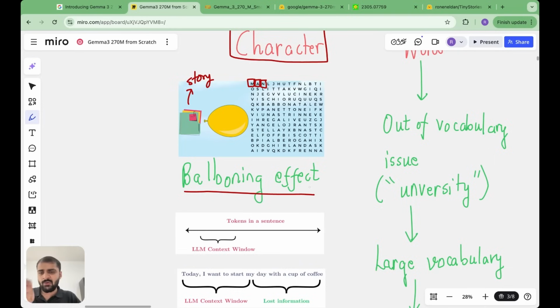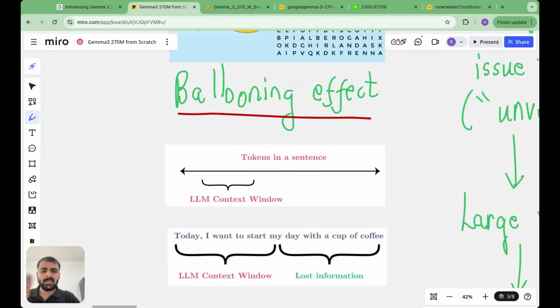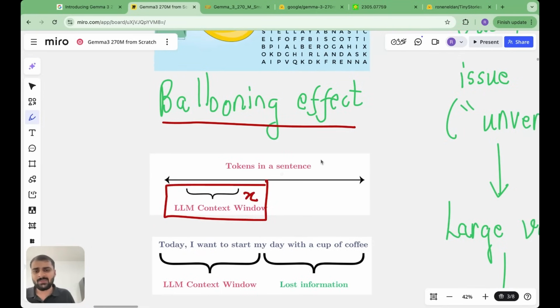So if every piece of text is broken down into characters, the number of tokens which I have for every story will balloon. It will become huge in number. So it might happen that the LLM context window, which is the number of tokens the LLM can pay attention to at one time, and when I say LLM, I mean language model, is X, and within one story itself, the number of tokens which I have is 2 times X or 3 times X. That's very bad, because I need my entire story to fit within the context window of the language model.